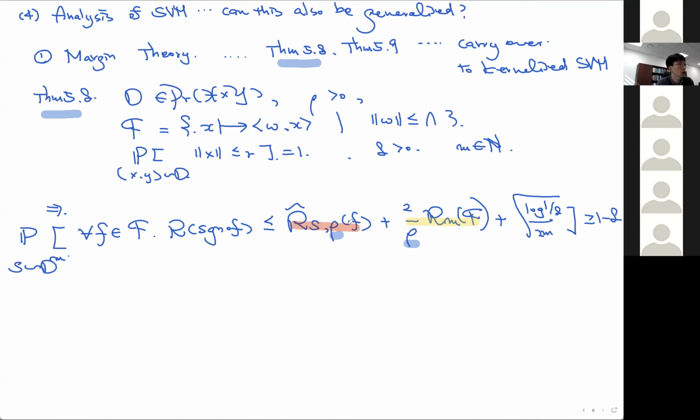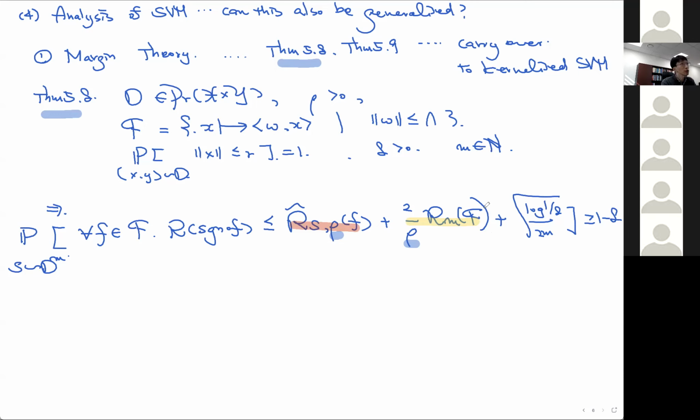If rho is small, the empirical error part will become small, but the Rademacher complexity part will become large. So there is a trade-off, and this bound helps us to understand the trade-off by using different margins, which is happening in max margin classifier algorithms like support vector machine.